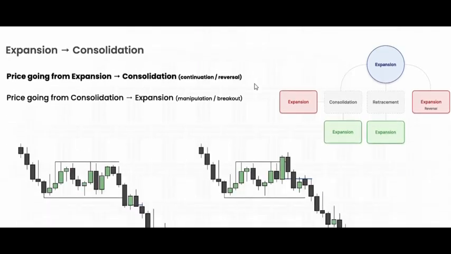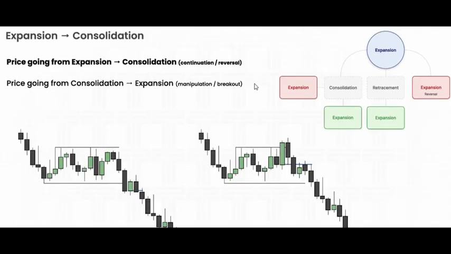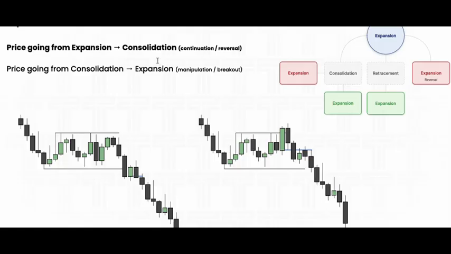Or consolidation. That it can do two things: either breakout or manipulation. So the market expands, right? So after the expansion, we have a breakout. You see, expansion, a breakout here, right here.